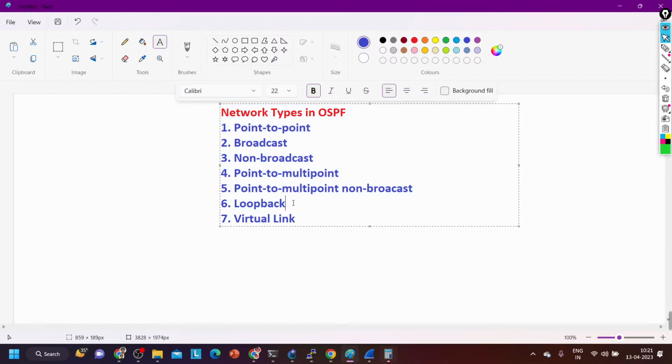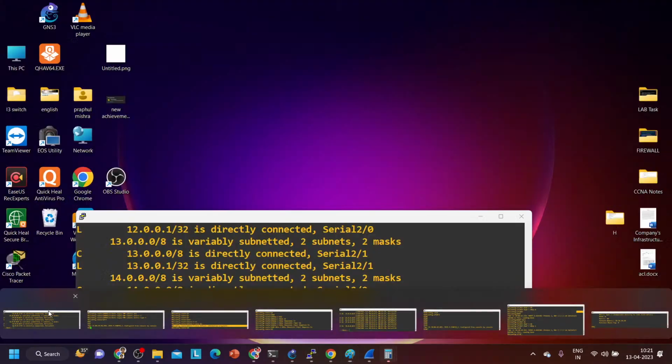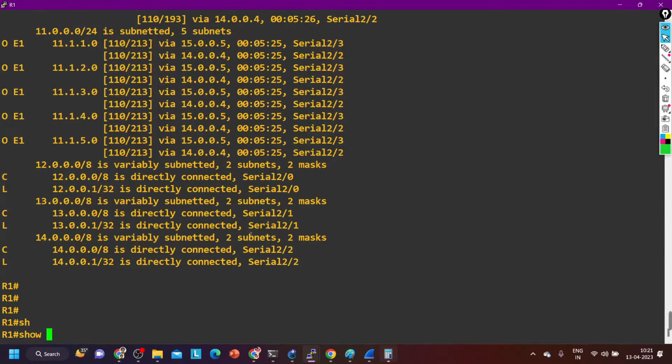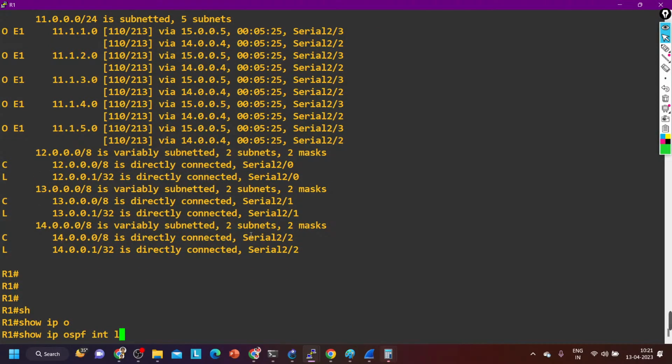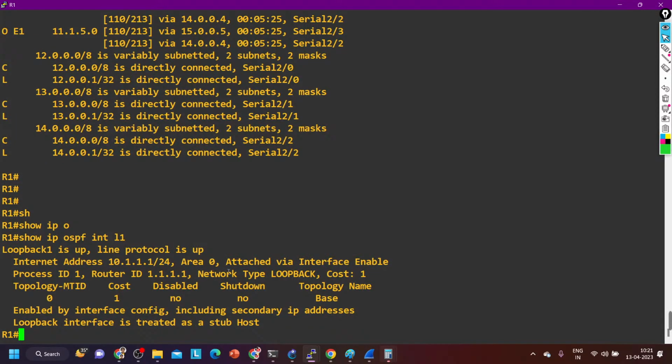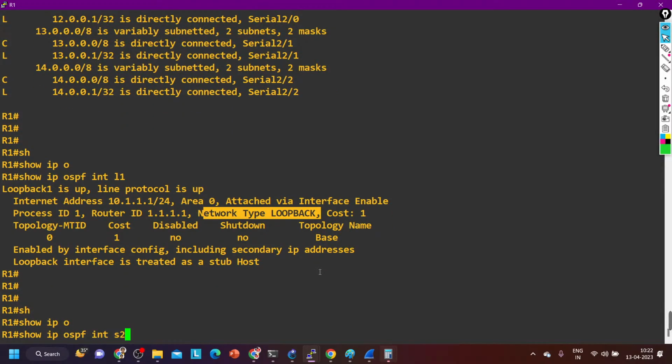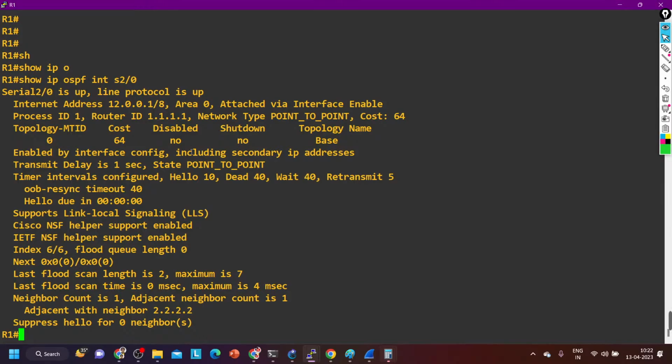Where do we need to use network type loopback? On a loopback interface. On any loopback interface on router number 1, if you check the OSPF network type with show ip ospf interface loopback 1, you can see the network type is loopback. For serial 2/0, the network type is point to point.